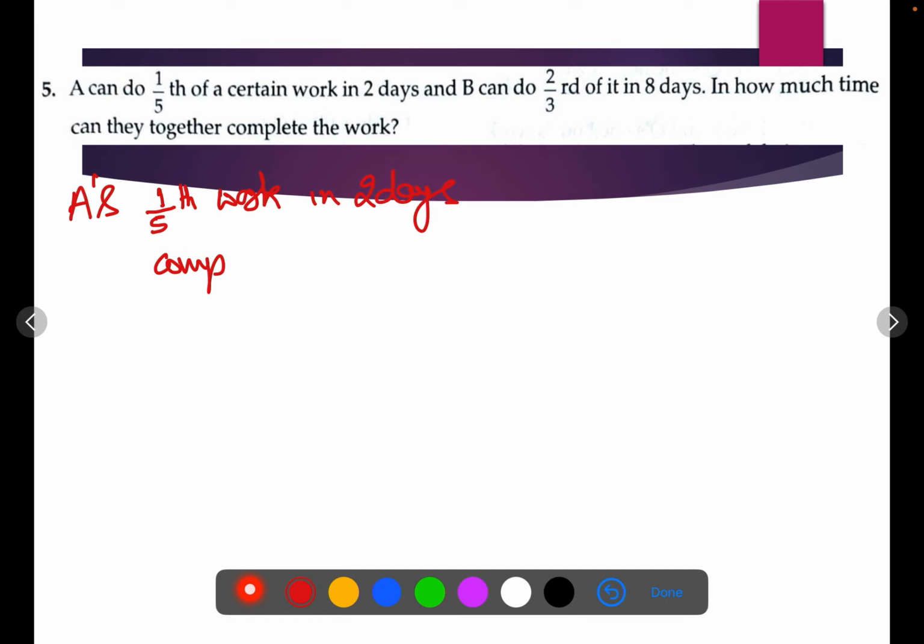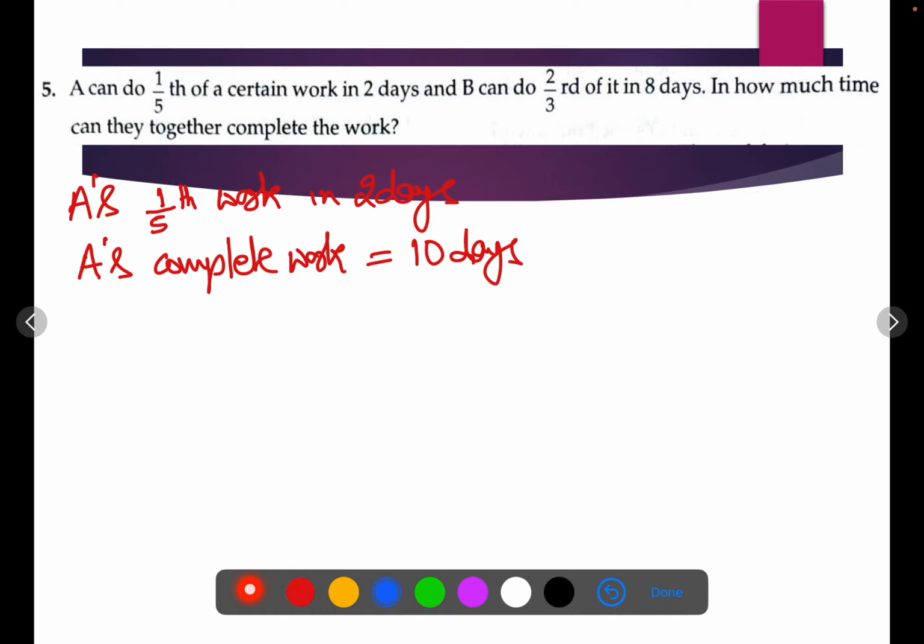This is A's 1/5 work in 2 days. A completes 1/5 of the work in 2 days, right? So how will A complete? A will complete the work in 10 days, right?